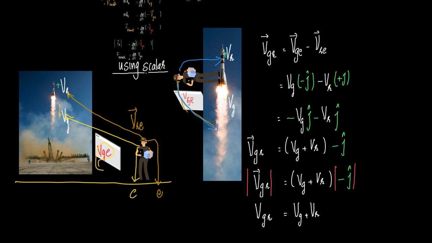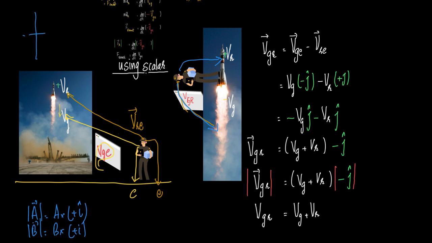The velocity of gases with respect to rocket is equal to the velocity of gas with respect to Earth minus the velocity of rocket with respect to Earth. Any vector A can be written as its magnitude into its unit vector, and likewise vector B. Now, the rocket is going in a straight direction, vertically up, right?